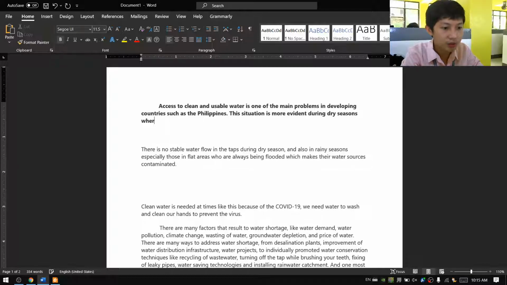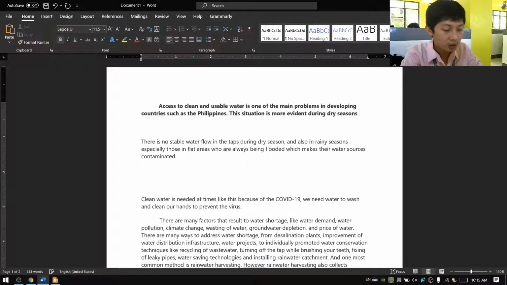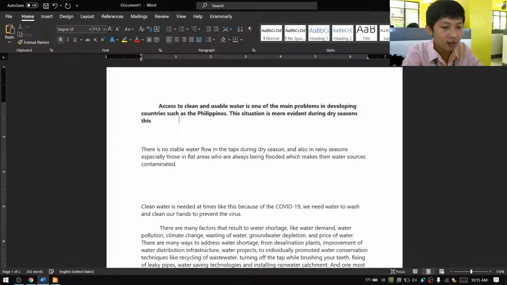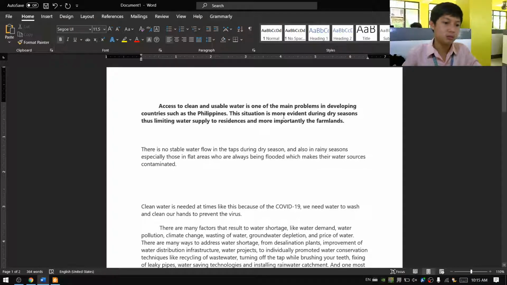This situation is more evident during dry seasons, thus limiting water supply to residences and more importantly the farmlands. Okay, so that's it.